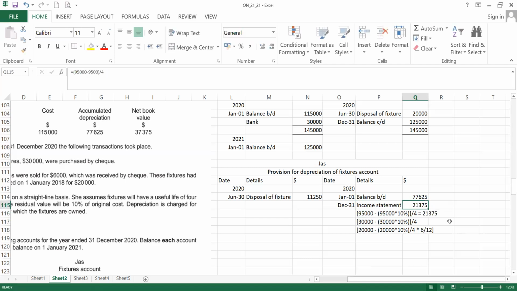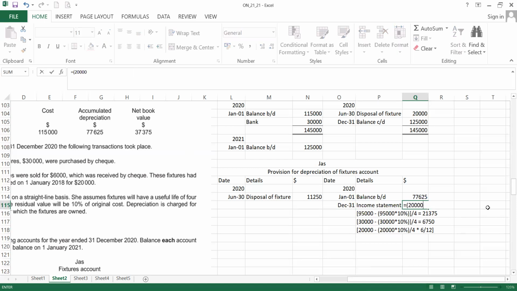And then the next one, 30,000 minus 3,000, and we divide by 4. So we get, let me put in again, this one is 6,750.